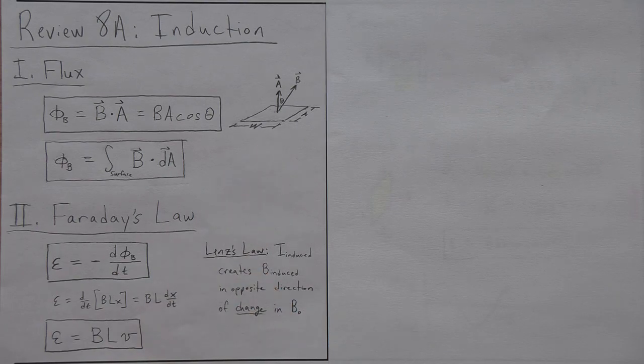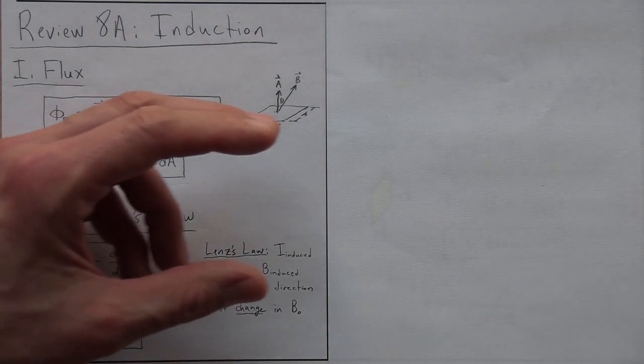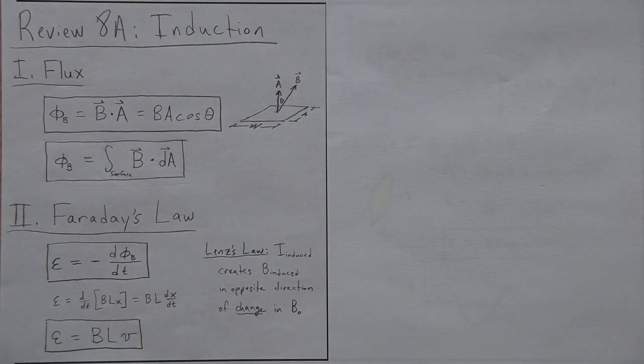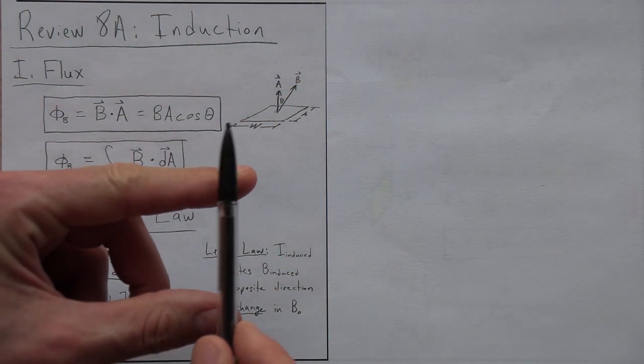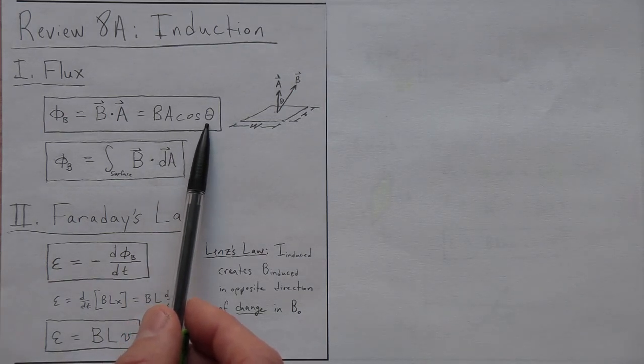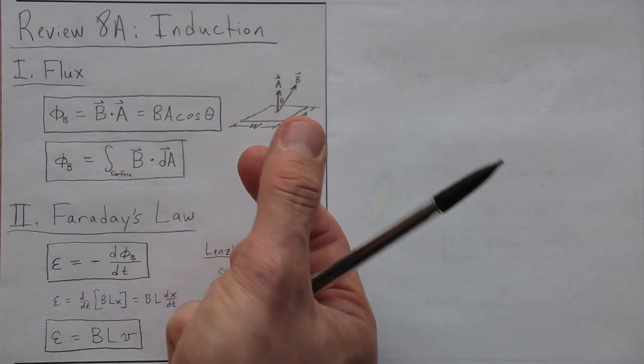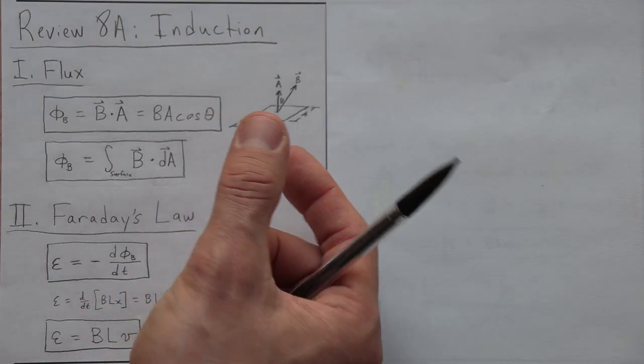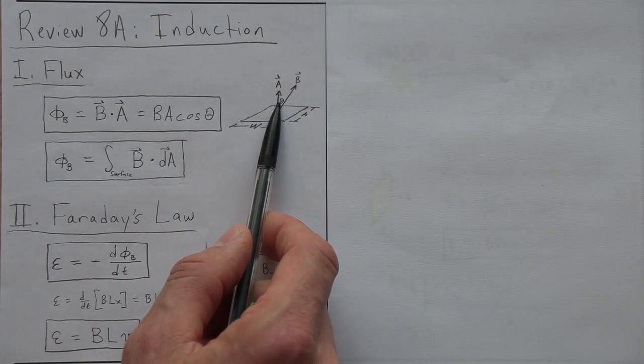Or we're going to see in another example that you can have a coil flying into a magnetic field region, or you could slide a bar on some rails, so you could change the area that way. Or you could change the angle. If you spin this coil, this loop, then theta changes.